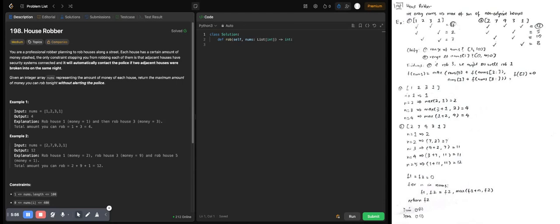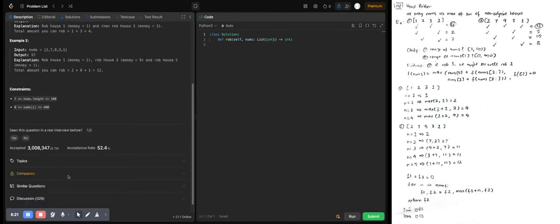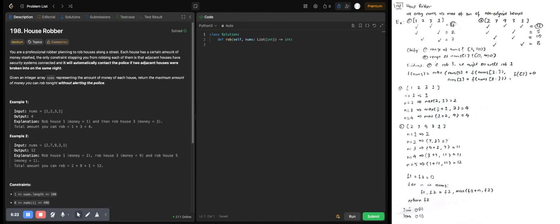Here we are given that it is between 1 to 100. Second, I know the amount of money is valid, i.e. it is larger than or equal to 0. So here we are given that it is between 0 to 400. Reasonable. I think there are no more constraints that I need to clarify.